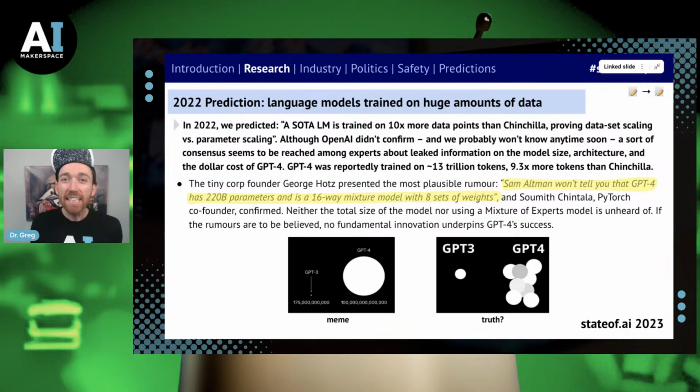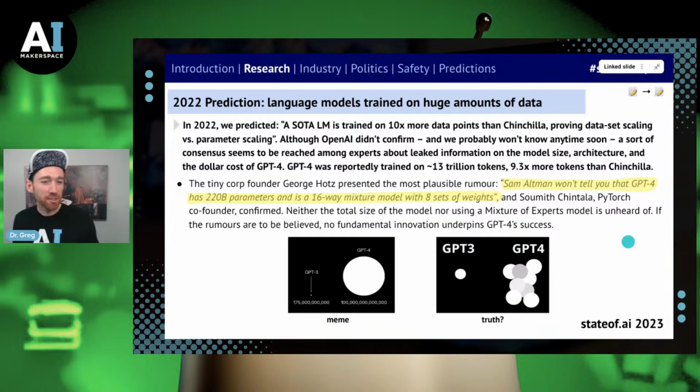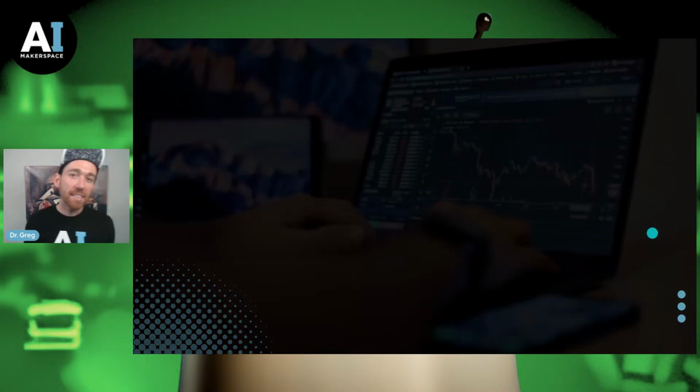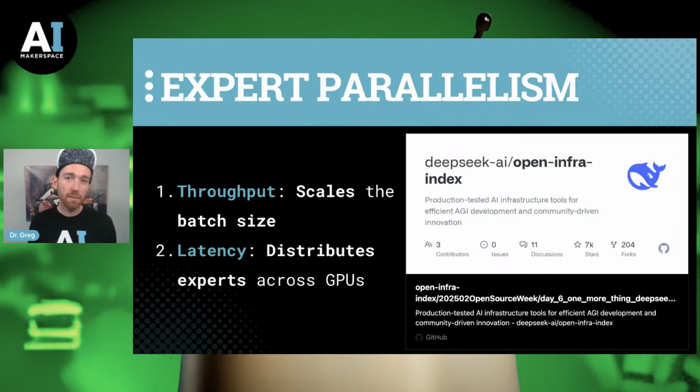This is the case that DeepSeek is using mixture of experts. Now, is OpenAI using MOE? Is Anthropic using MOE? We can't be sure, but you can make your own decision about that.